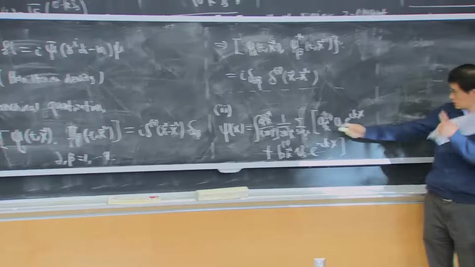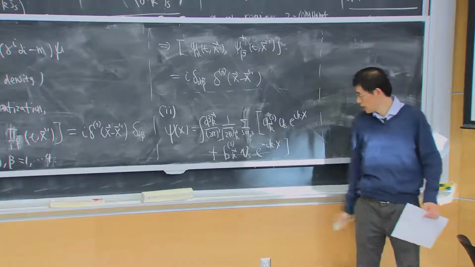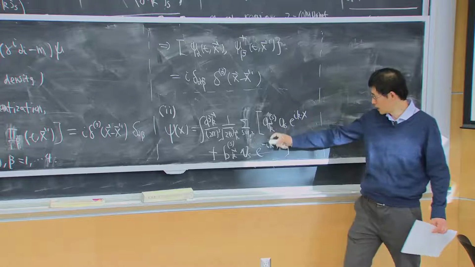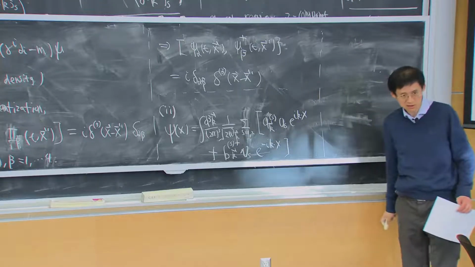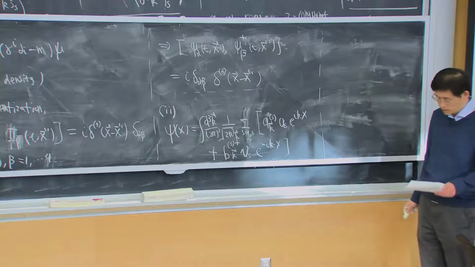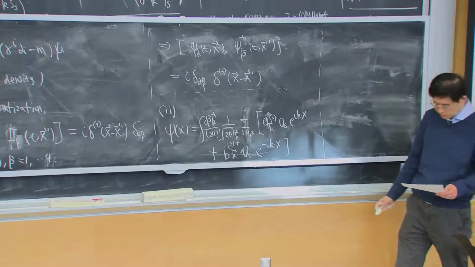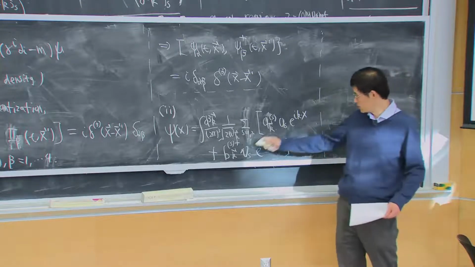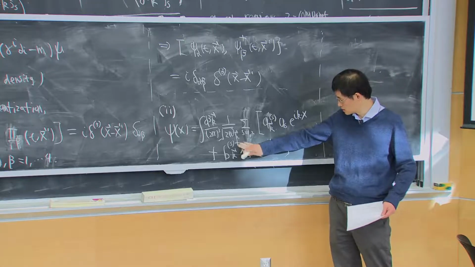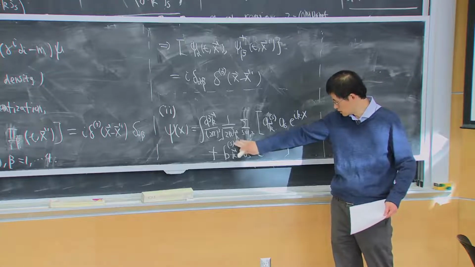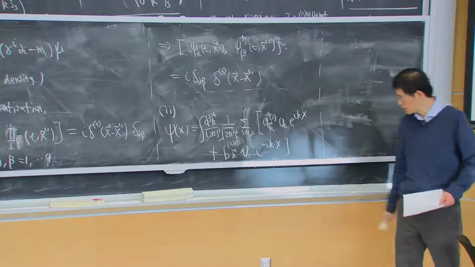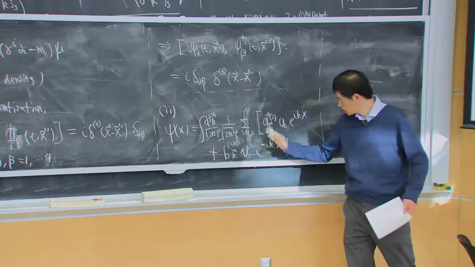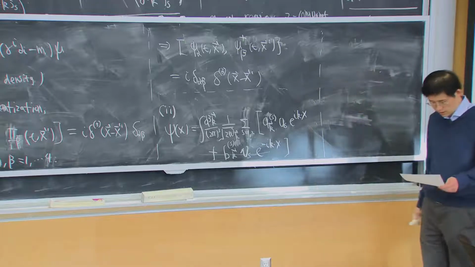The complete set of solutions are u and v, and we call the coefficients a and b. Actually, it doesn't matter what we call it; let me just call it b.